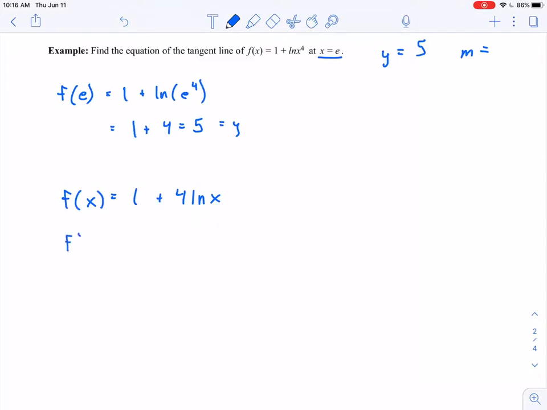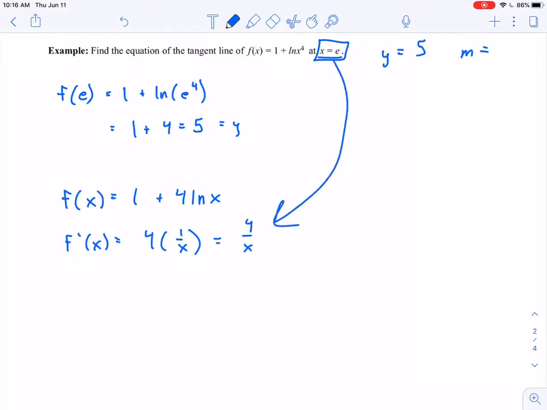So f prime of x will be, let's see, derivative of 1, that's going to be 0. I have 4 times natural log of x. That's going to be 1 over x, which is 4 over x. So I still need the slope of the tangent line here, which means I still need to take this x equals e and plug that into my derivative.